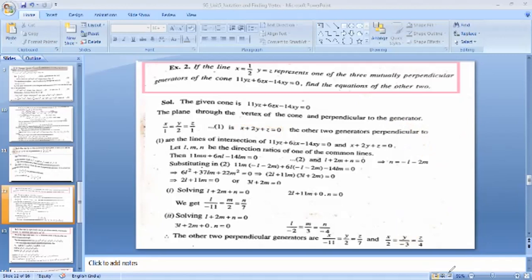Now the next one is: show that if a right circular cone has sets of three mutually perpendicular generators, then its semi-vertical angle must be tan inverse root 2.